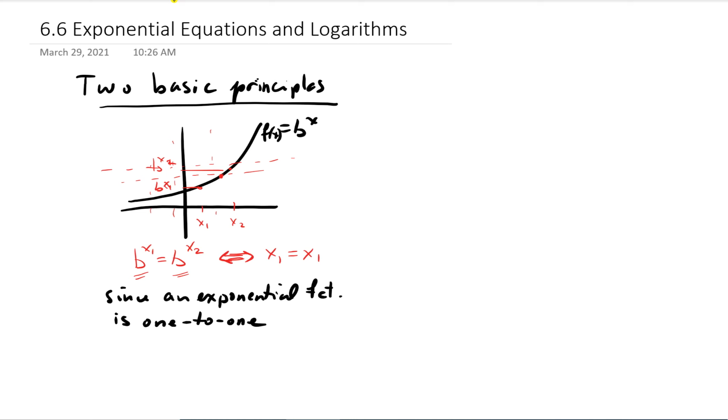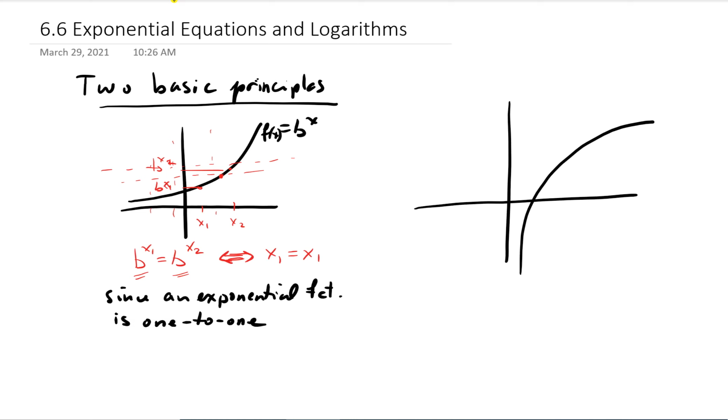And then, if we look at the inverse of that function, which is a logarithmic function, because the initial function f is one-to-one, this one is also going to be one-to-one. So again, here it satisfies the horizontal line test. So if you call that the inverse, which is the logarithm in base b, okay. So if I have two y values, let's say log in base b of x2 and log in base b of x1, their x values are going to be different.